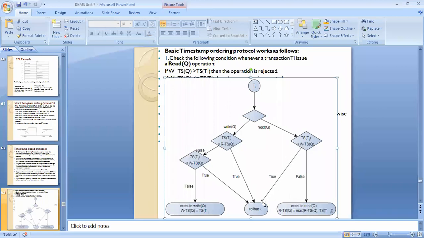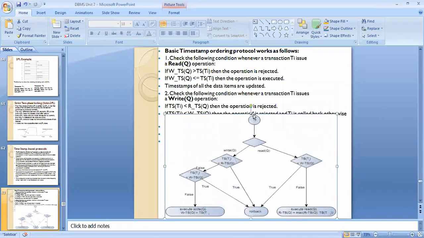If it is true, then it gets rolled back. And if you see carefully, the number of rollbacks is higher when the condition gets true. So this is one of the drawbacks of the timestamp protocol.